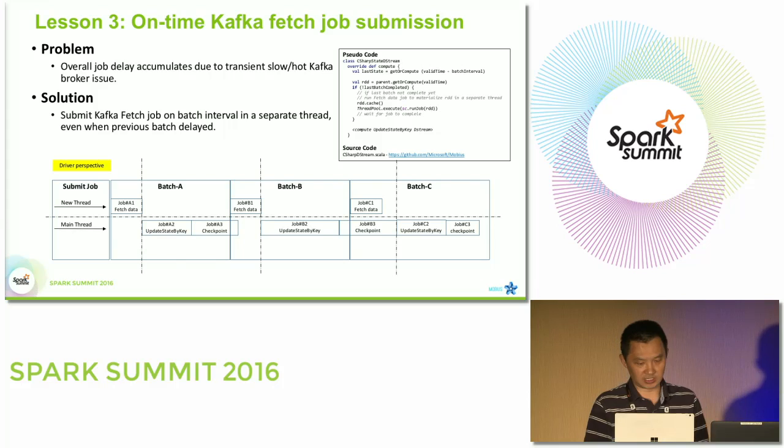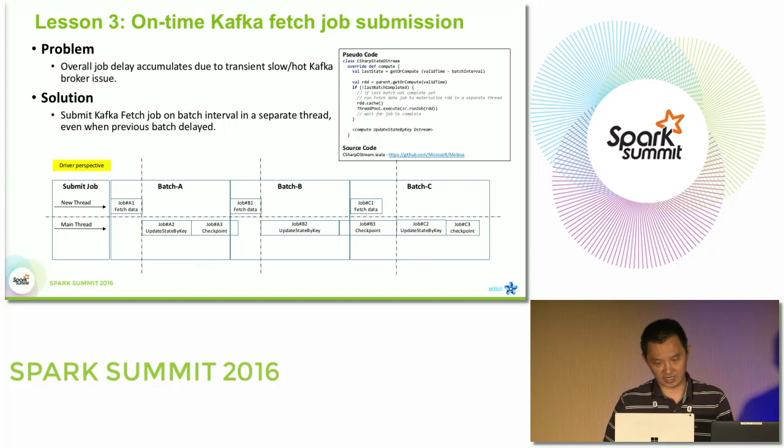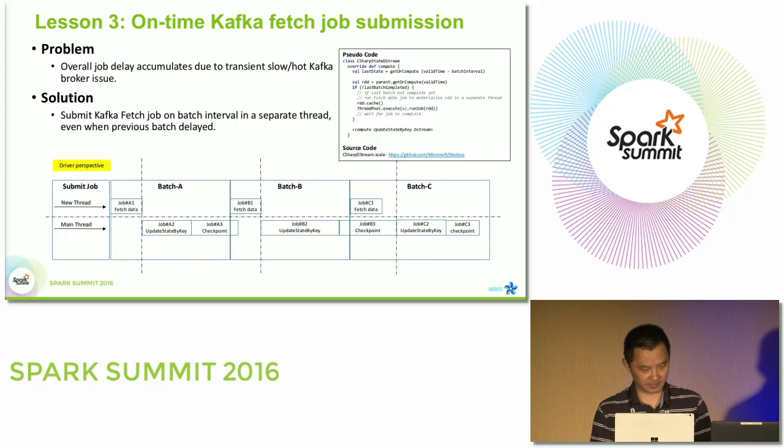Out of the two stages, updateStateByKey has to wait for the last batch to complete before it can start. Otherwise, the checkpoint-based state can be messed up. Again, it's a little bit complicated. We can discuss offline why it happens.